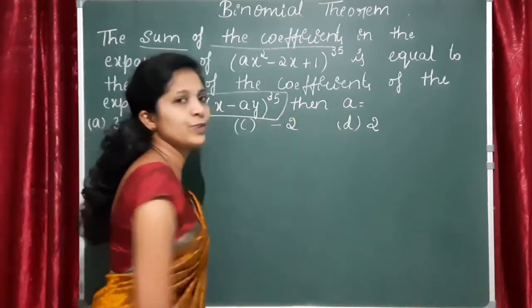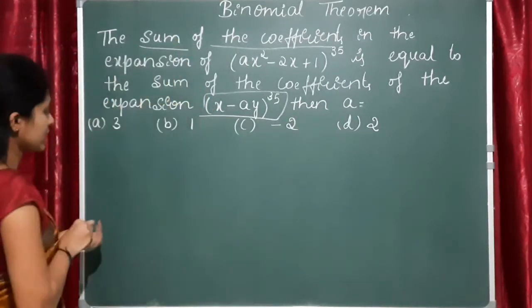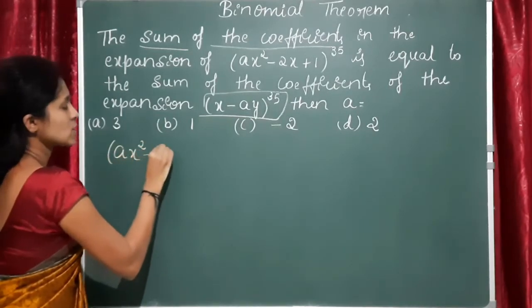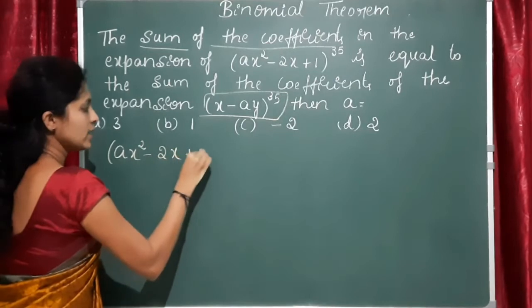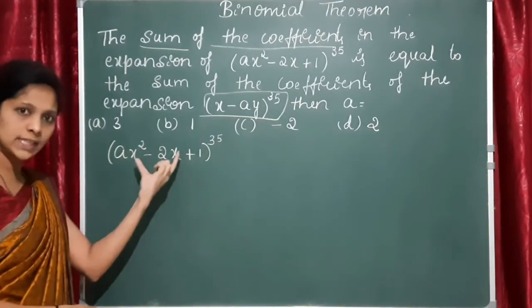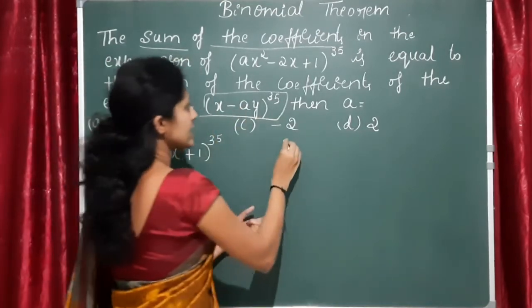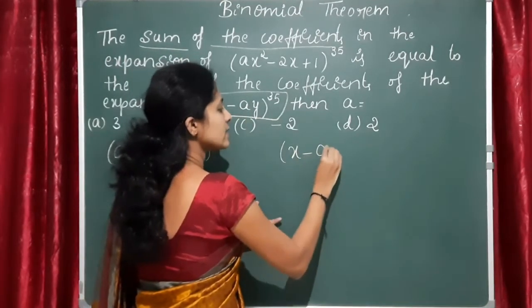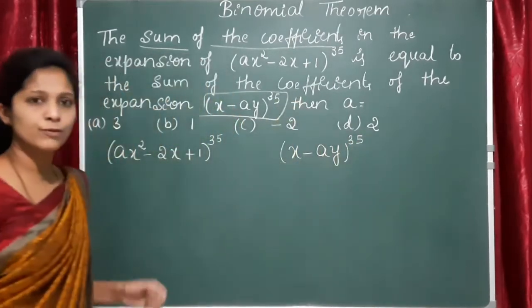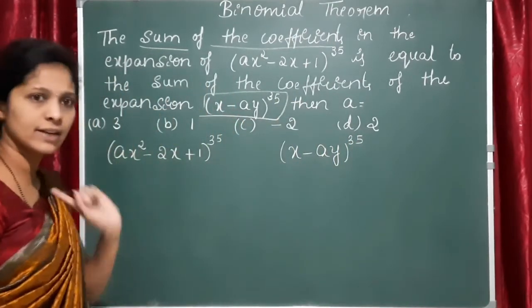Then the value of a is equal to... See, first we'll take the first expansion, ax square minus 2x plus 1 whole to the power 35. Right? The sum of the coefficients of this expansion is equal to that of x minus ay whole to the power 35. So anyway, sum of the coefficients means you have to substitute x and y as 1.